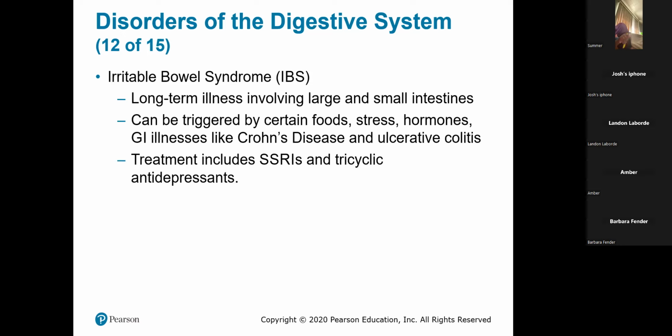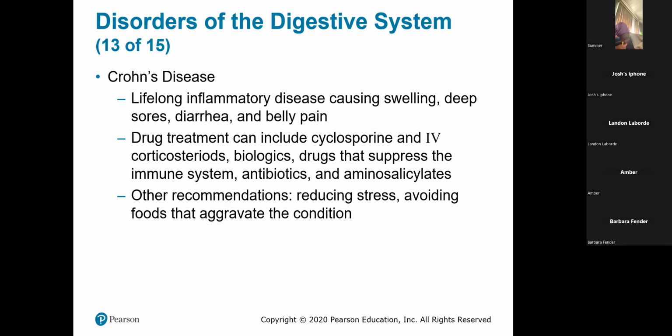Also, it's not mentioned here on the PowerPoint slide, but those lower abdominal surgical procedures can also add to this problem just because of the manipulations and their close proximity to the bowel, the large and small intestines, etc. That can cause irritable bowel syndrome as well. So treatments include SSRIs and tricyclic antidepressants to assist with this irritable bowel syndrome. So that's a little different, right?